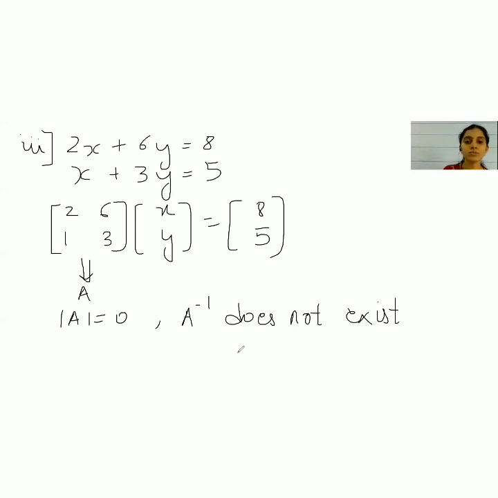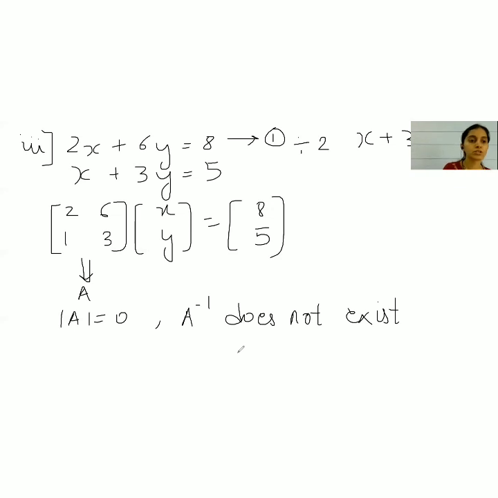Reason being, just observe the first equation. Divide this equation by 2. What are we getting? We are getting x plus 3y is equal to 4. Now, if you observe, the second equation is also x plus 3y. So there's an inconsistency in the question. Left hand side is the same and right hand side is different, which cannot be possible, right? So this sum does not have an answer. You can say it is not possible to solve.